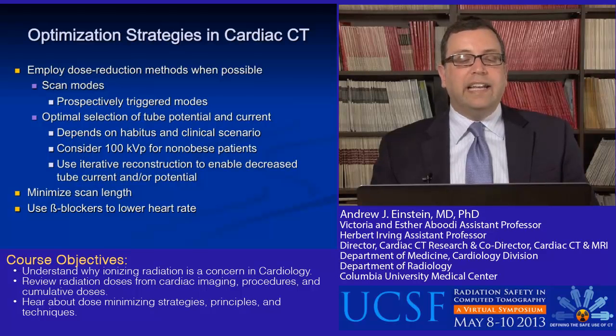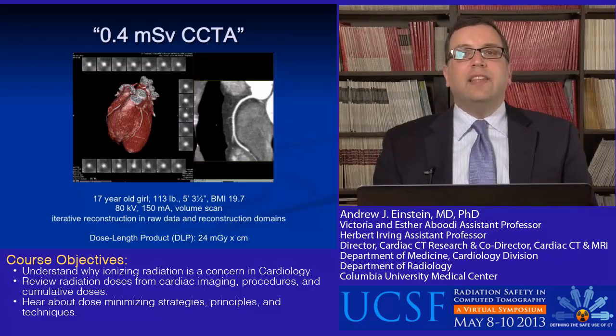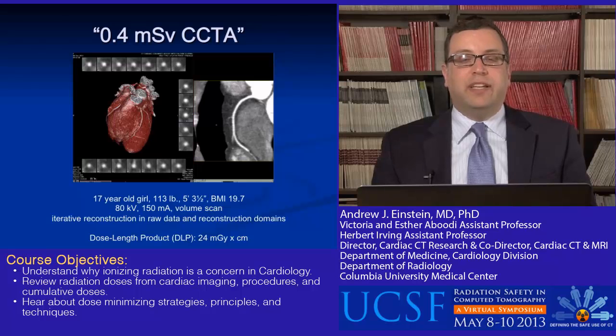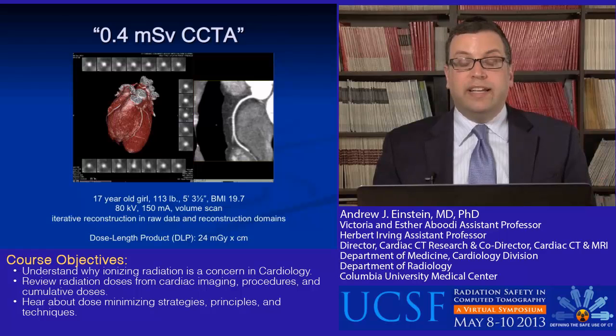And at least for many scan modes, by virtue of lowering the heart rate using beta blockers, we can optimize radiation doses. The best practice of optimization is by virtue of combining multiple dose reduction methods. Here's one example of such a case from my own laboratory, and this patient had received a protocol which is associated with a sub-millisievert radiation dose.